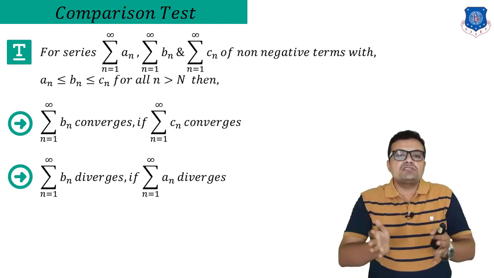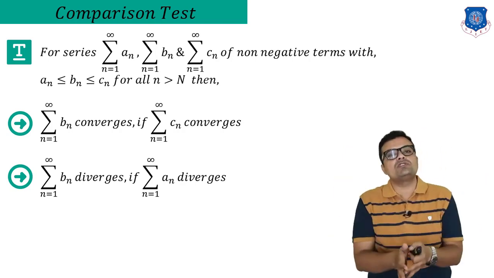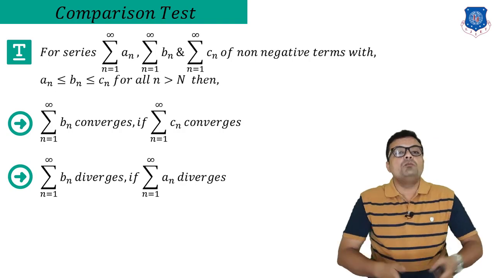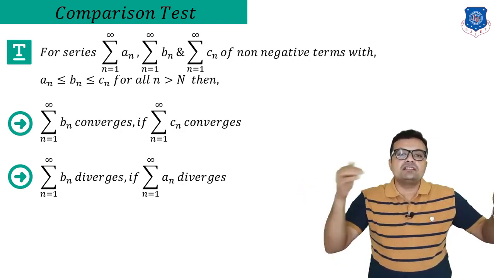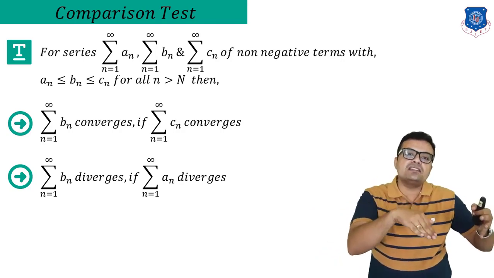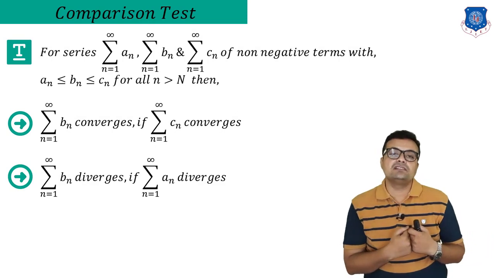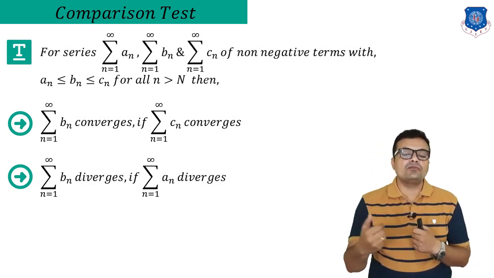As that volume is tending to 0, all the boxes inside that box also have 0 volume after a certain level. So if you have a bigger, outer series which is convergent, then the sub series lying inside it is also dragged towards 0 after a certain level. So this is the whole idea of the comparison test in the form of convergence.